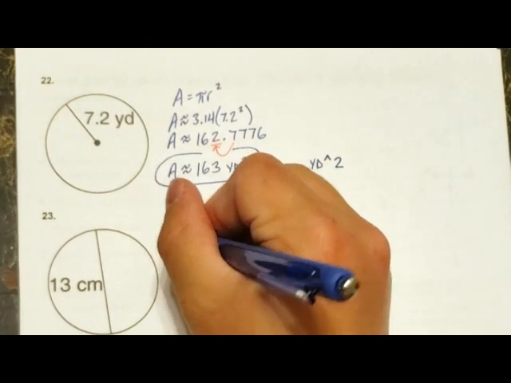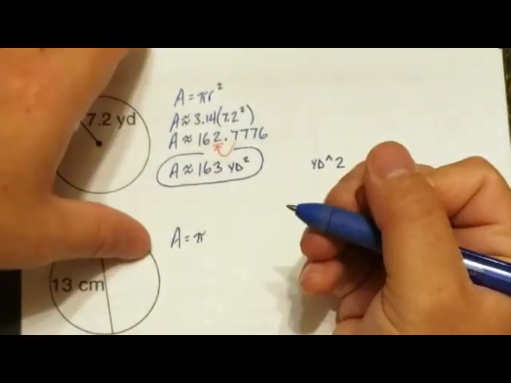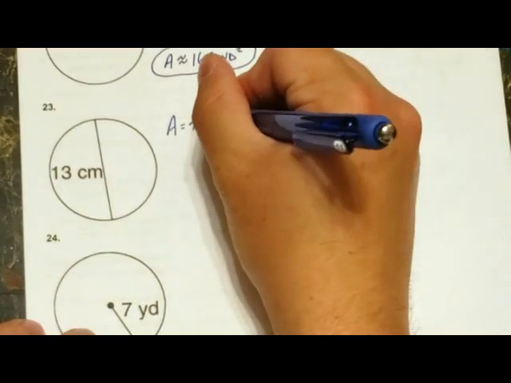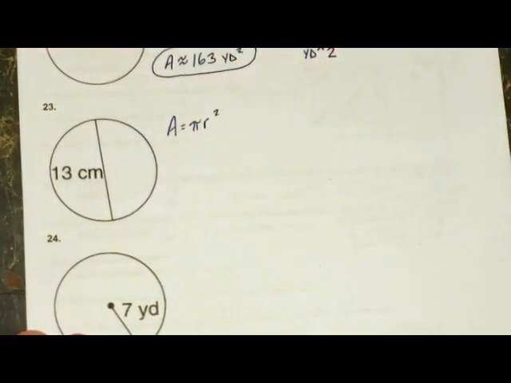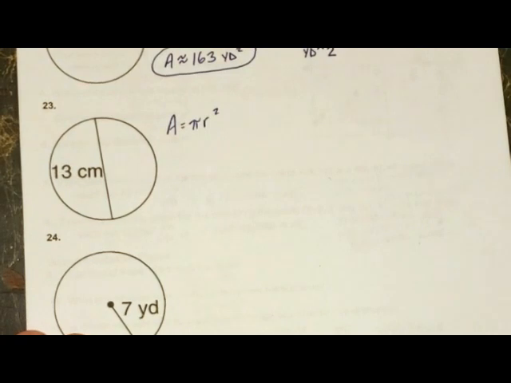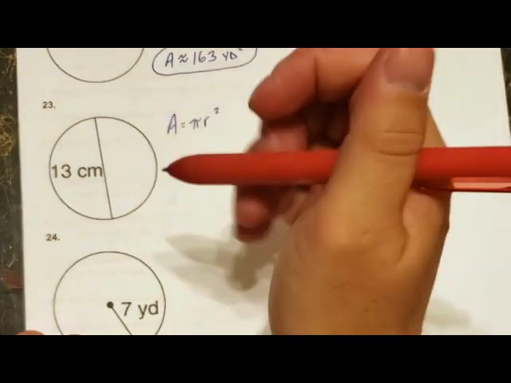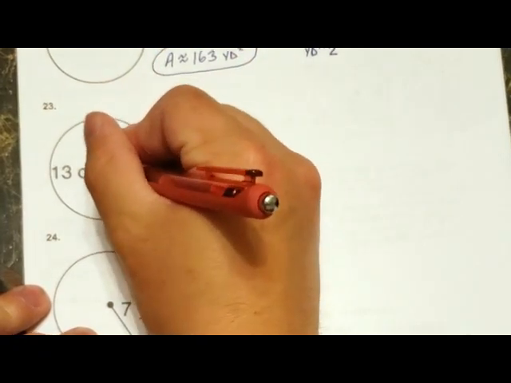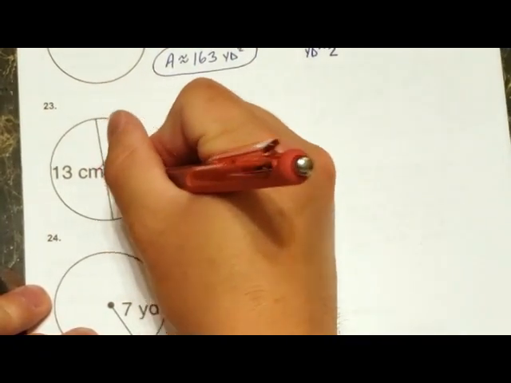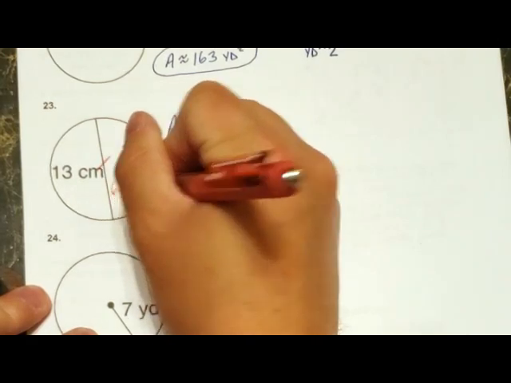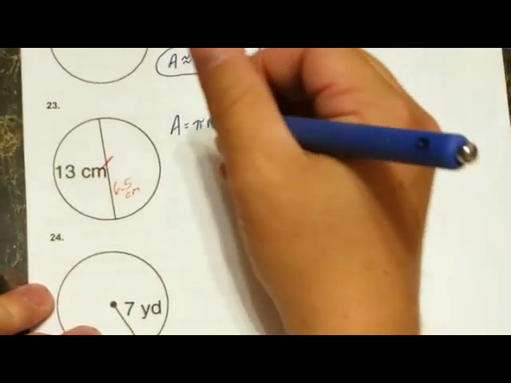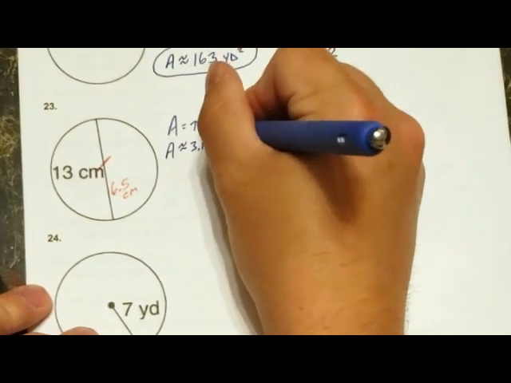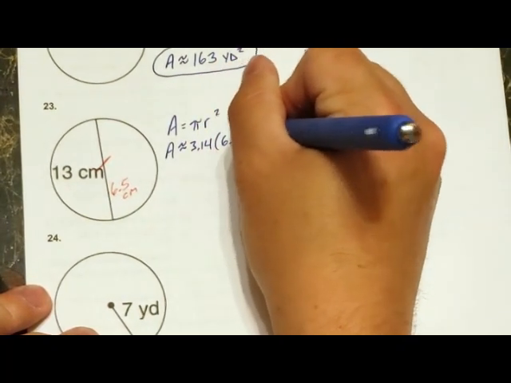All right, 23, a equals pi r squared. Okay, this time, again, the number that they have given us we cannot use, right? Because it's all the way across. So we need to divide that by 2, should be 6.5 centimeters. And then we'll use that number. All right, so we got 3.14 times 6.5 squared.